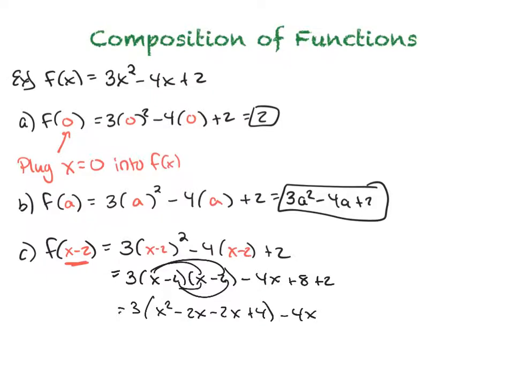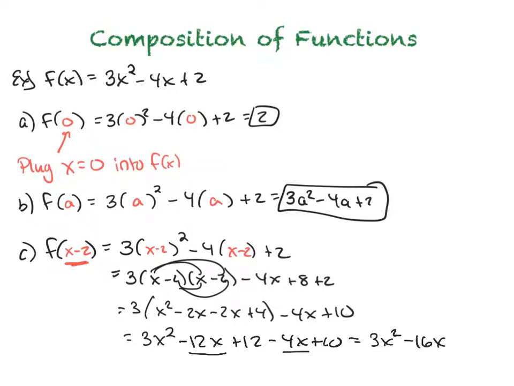And combining like terms on the outside, negative 2x and negative 2x is negative 4x, times 3 is negative 12x. 3 times 4 is 12, minus 4x plus 10. So we have 3x squared, negative 12, negative 4 is negative 16x, and 12 plus 10 is 22.